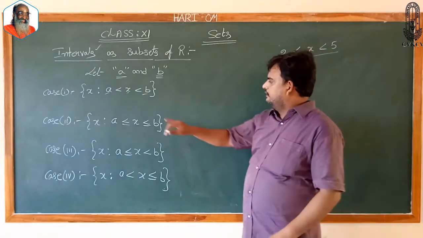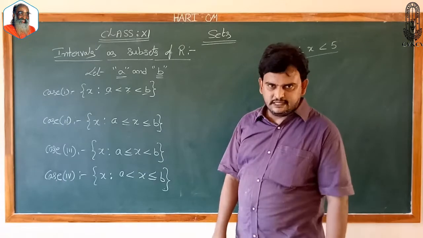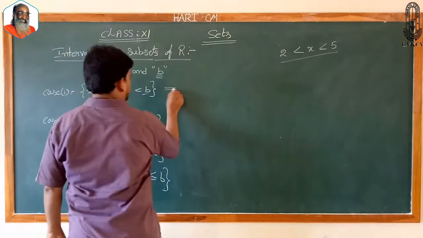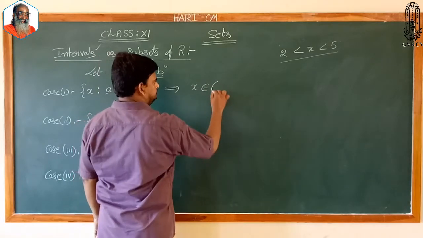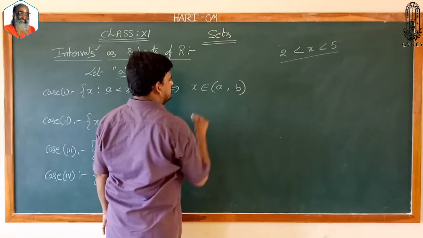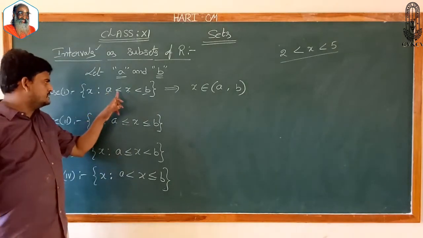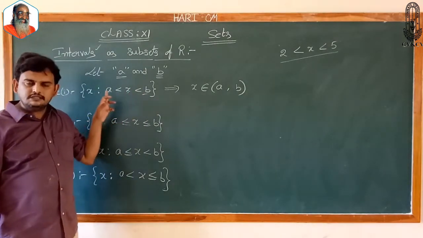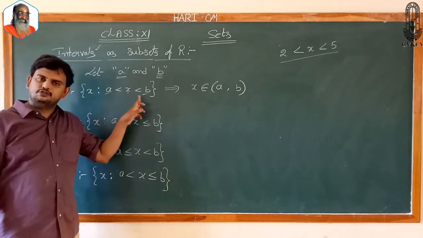Now, when we have less than, how to represent it? Now I can represent it in the way x belongs to open brackets a comma b. Here a less than x less than b means x is not equal to a, x is not equal to b.